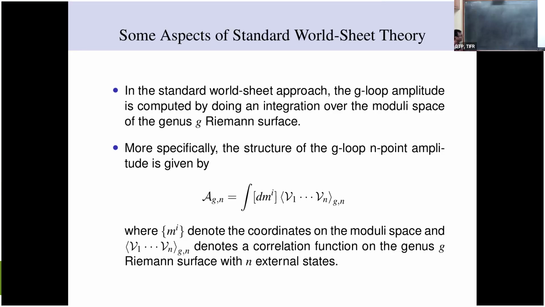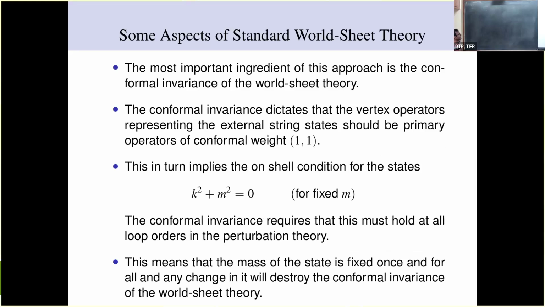You compute this correlation function on a genus g Riemann surface with n punctures, and then integrate over the moduli space of the genus g Riemann surface with n external states. The m_i parameterize the coordinates on the moduli space. This is the general structure of the amplitude.